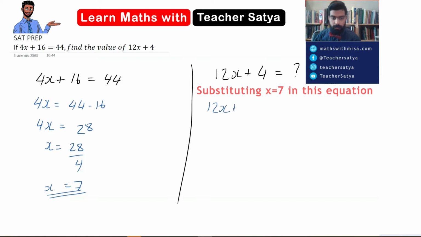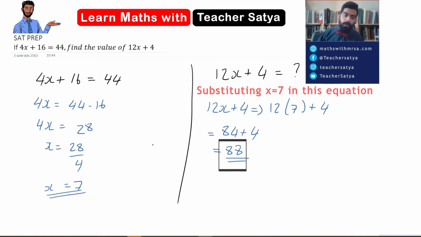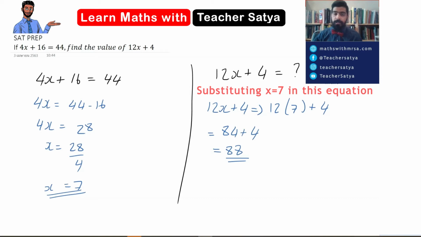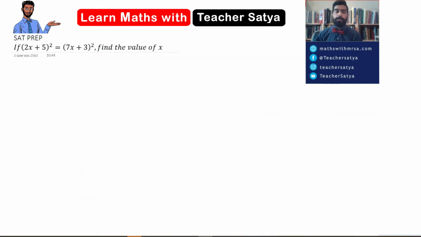So 12x plus 4 is the same as 12 multiplied by 7 plus 4, and 12 times 7 is 84 plus 4, which is equal to 88. Right, guys? So what we did first, we found the value of x, then we substituted it in the expression from the question to find the final answer.